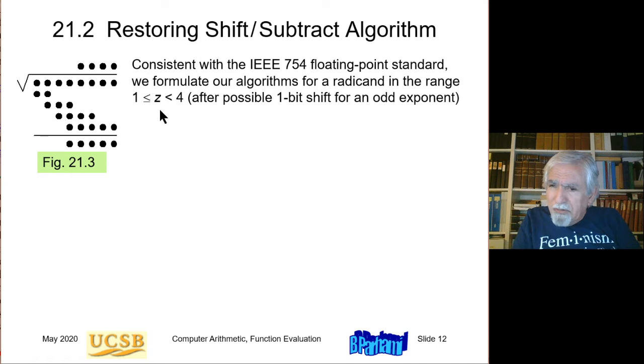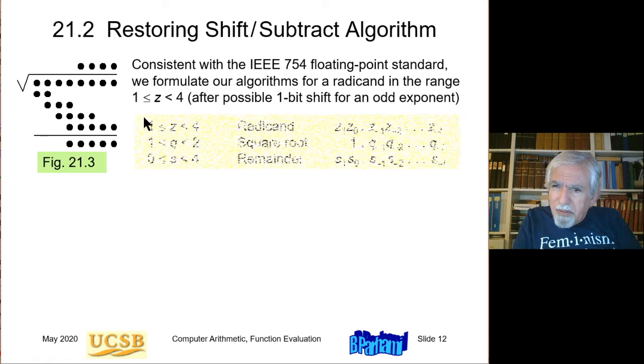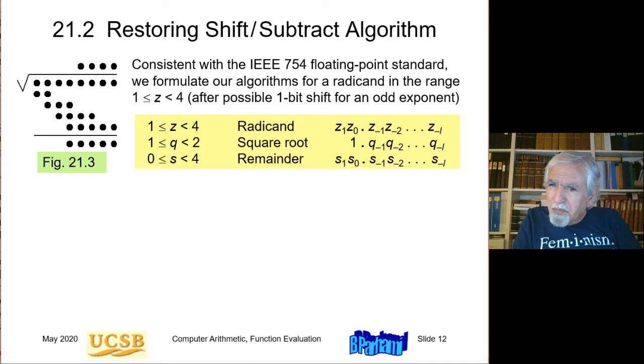Now the square root of a number in this range will be in the range 1 to 2. So we get directly the value for the significand of the square root that is in the proper range. We don't need any adjustments after the algorithm is executed. So the radicand is in the range 1 to 4, which means it has 2 whole bits and let's say L fractional bits.